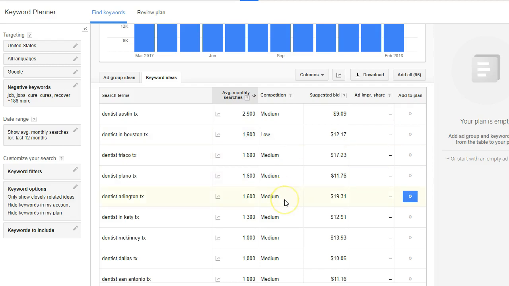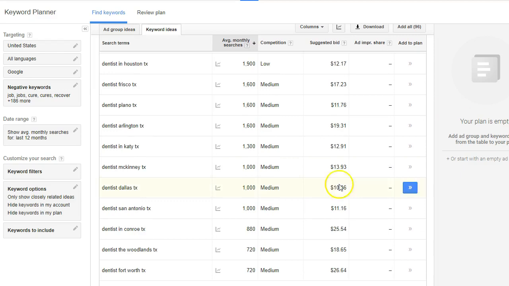If you're in Arlington, you have to pay $19 per click. And if you're in Conroe, you have to pay $25 per click, compared to Dallas, where you only have to pay 10. So you can see there's a lot of variation depending upon the competition and the available search volume, and you have to figure out whether it makes sense for you to advertise or not.